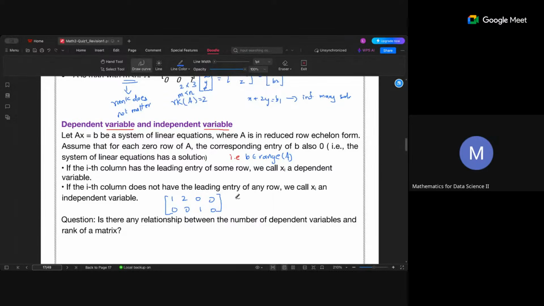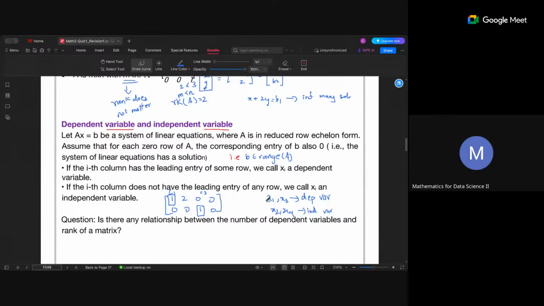Which columns contain the leading entries? Columns 1 and 3. So x1 and x3 are dependent variables, and x2 and x4 we call independent variables.